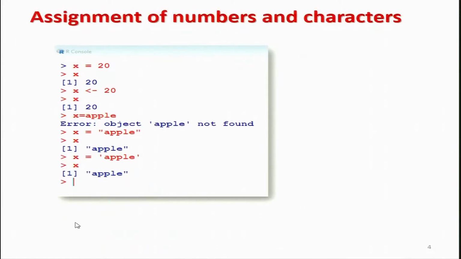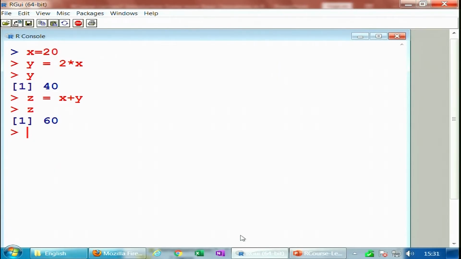Here I have defined x equal to 20, and here within double quotes I am defining the variable, and with single quotes I am also assigning the variable, and in both cases there is no issue, both are acceptable. But when you look into the outcome, it will always have double quotes. That is what you have to keep in mind. So, by looking at the outcome, you cannot judge whether the value was assigned through a single quote or a double quote. Now, I try to show it on the R console so that you get more confident.